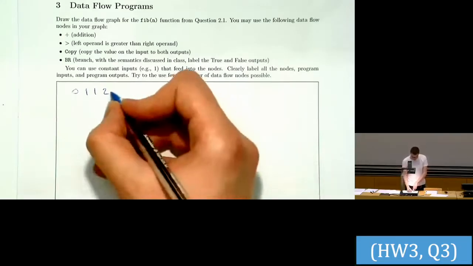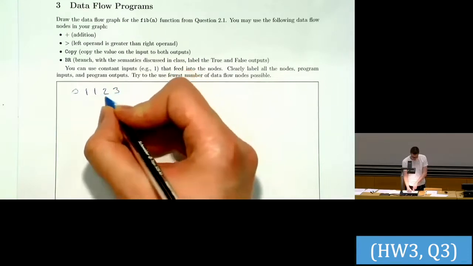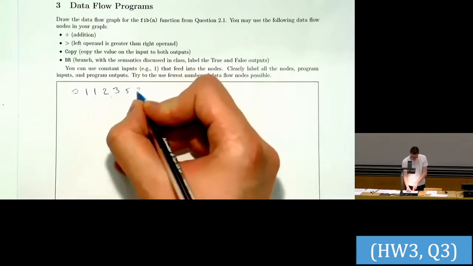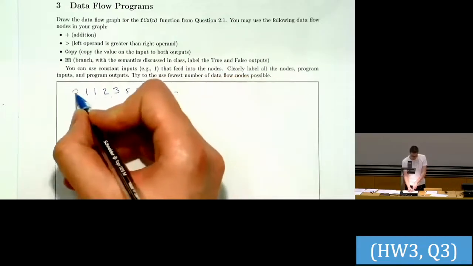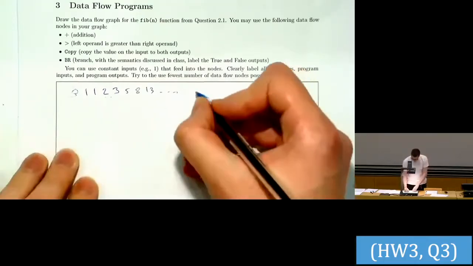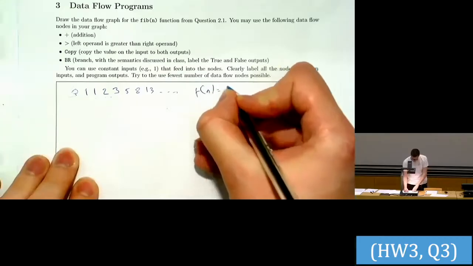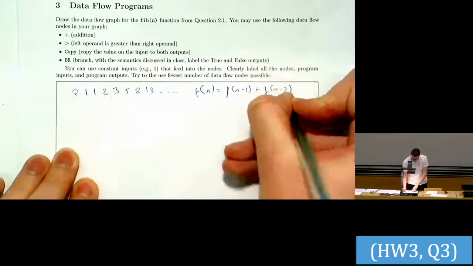So the next number is 1 plus 2, and the next is 2 plus 3, and then 8, then 13, and it goes like this. F0 is 0, and F1 is 1. This is by definition. And the rest is F(n-1) plus F(n-2).